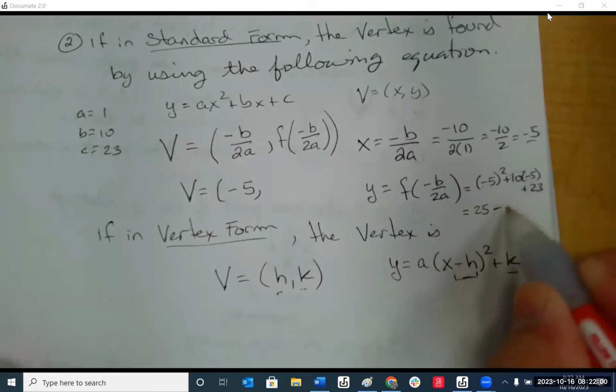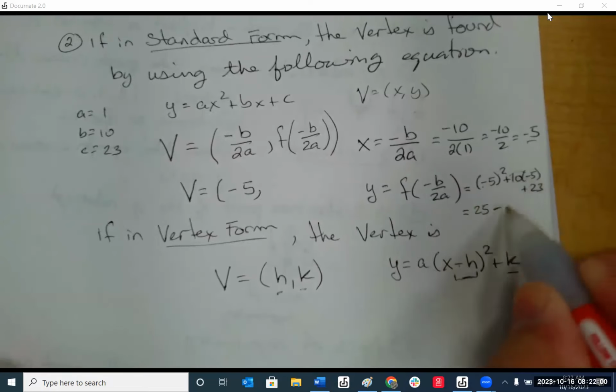When we find the vertex, we also found number 6. Because remember, the axis of symmetry is through the vertex. The axis of symmetry is through the x value of the vertex.